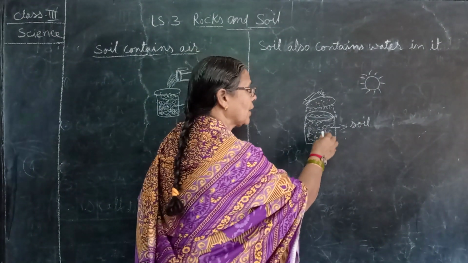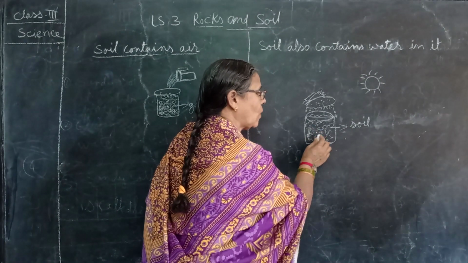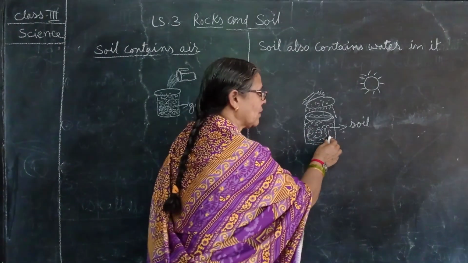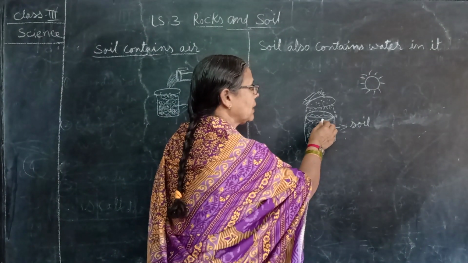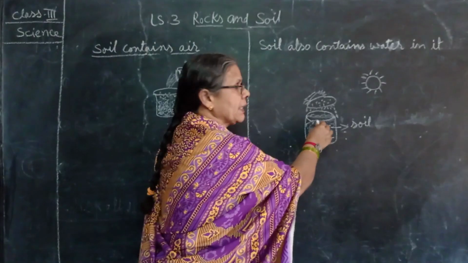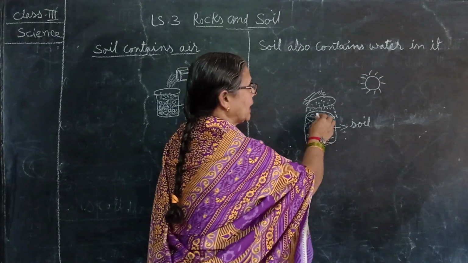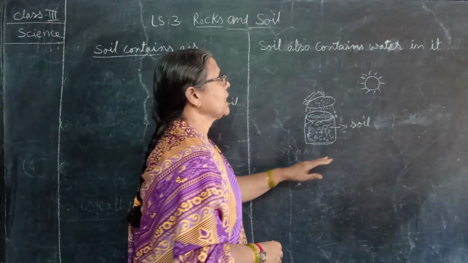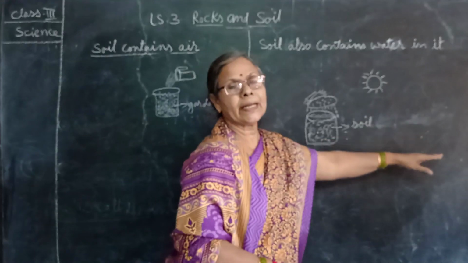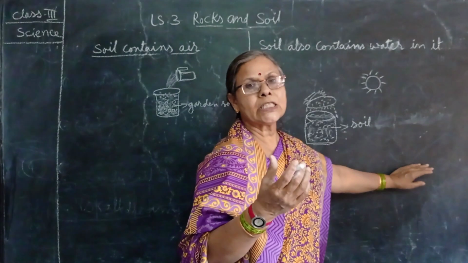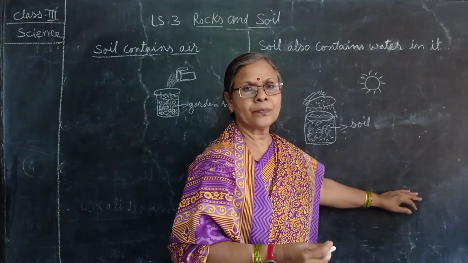The moment you keep it in the hot sun, the water in the soil, due to the heat of the sun, changes into water vapor, and when the vapor touches the lid, it changes back to water. This shows that soil also contains water in it. Water is trapped in the soil in the form of moisture.